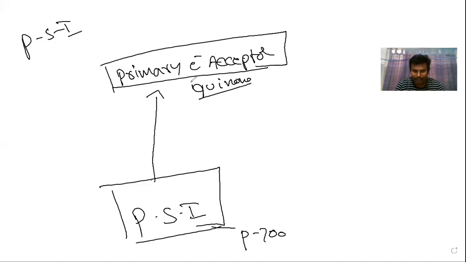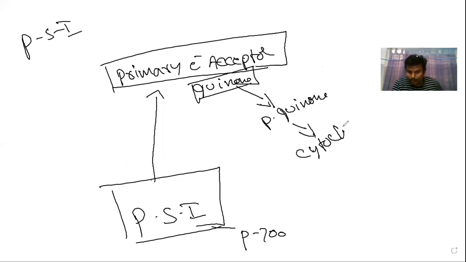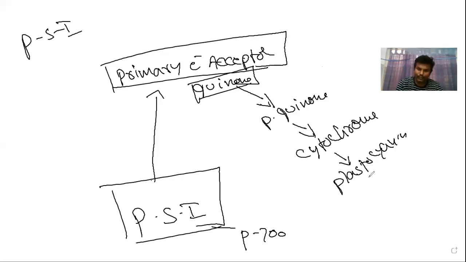So the electrons from the quinone, called the primary electron acceptor, are transferred to plastoquinone, then to the cytochrome complex, that means cytochrome B, cytochrome F, cytochrome B6, and next plastocyanin. From plastocyanin, those electrons again come back to their original position. This is called cyclic photophosphorylation.